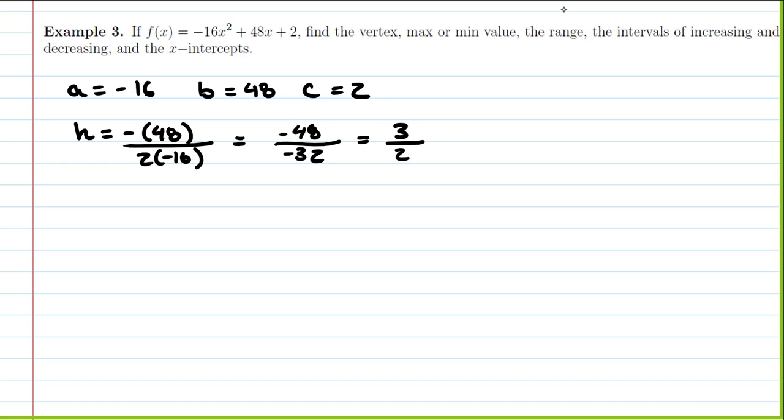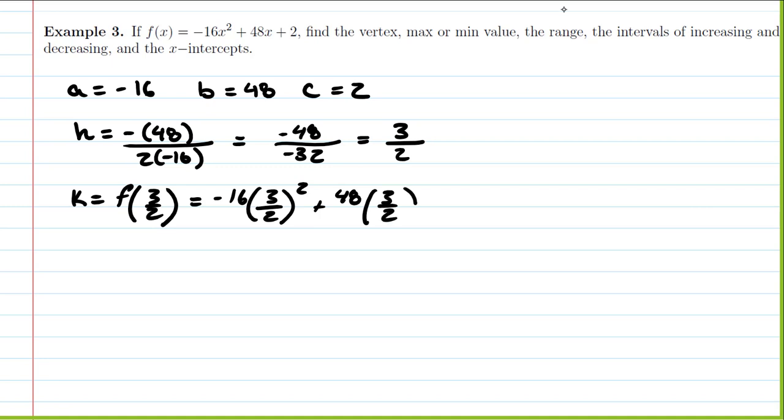To find k, we put h back into f. So we have f of 3 over 2 is going to be negative 16 times 3 over 2 squared plus 48 times 3 over 2 plus 2.